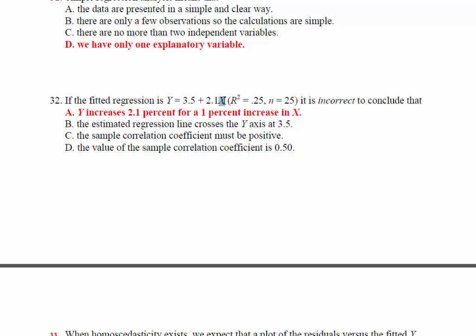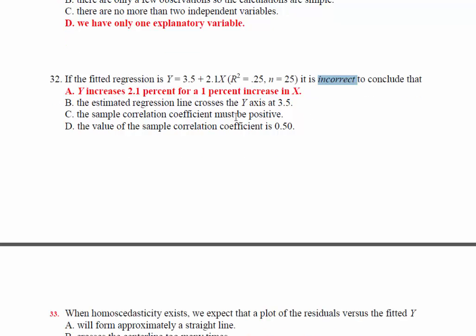If X increases by 1, then 1 times 2.1 is 2.1, so Y will increase by 2.1, but it's not a percent, right? So this is incorrect because of the percentage. Therefore, that's the correct answer.